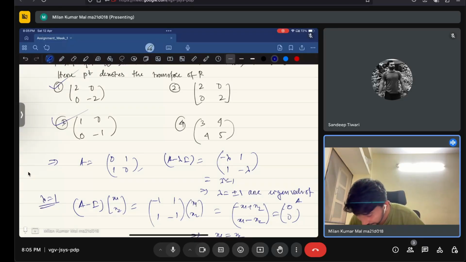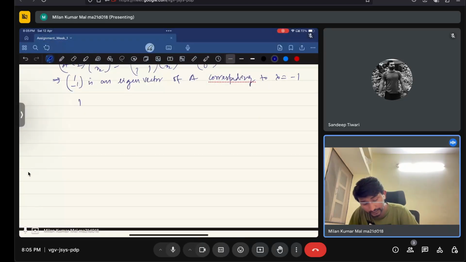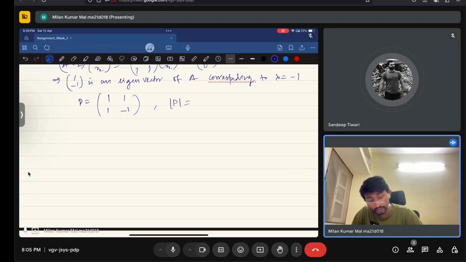Okay, so let's check. Third is not correct. So let's write P. What is P? P is equal to 1, 1, 1, minus 1, right? So what is the determinant of P? Determinant of P is minus 1 minus 1, that is minus 2.